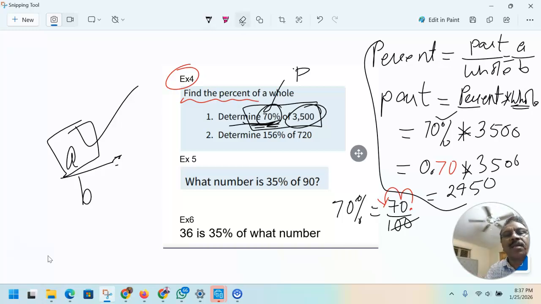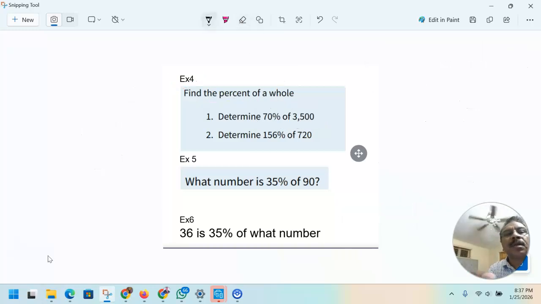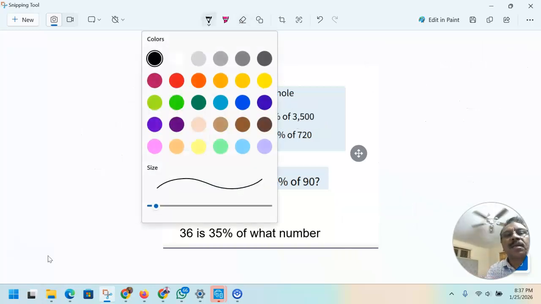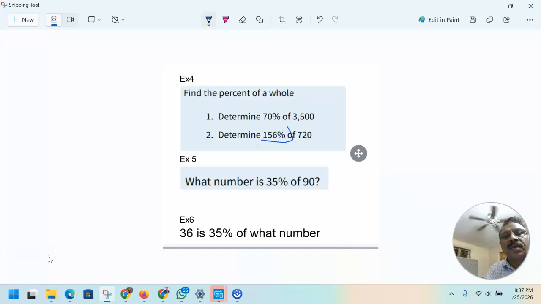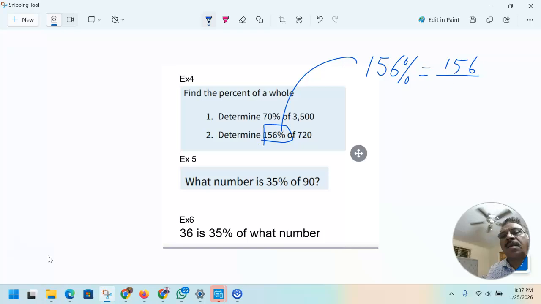If I want to figure out the next question, the next question is given. For the first step, I would write: what is 156% in decimal form? It is 156 divided by 100, and the decimal is right here, so you cut off these and the decimal goes here.